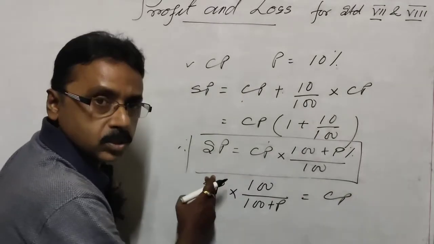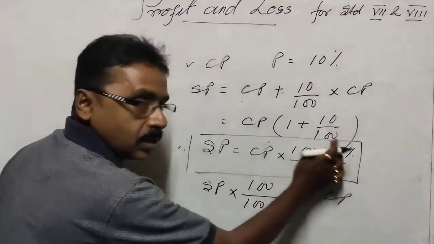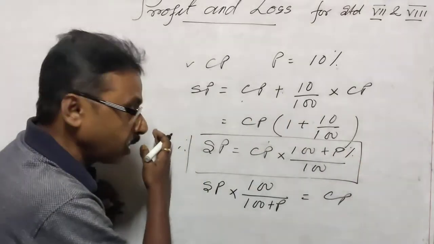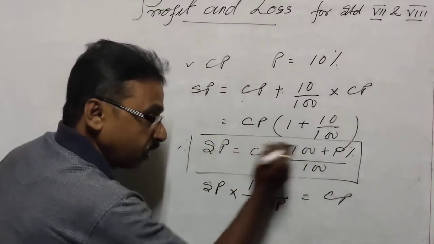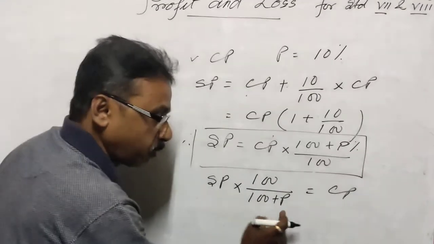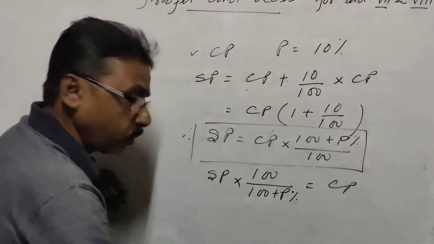Here this is an equation. So if I shift this fraction from the right hand side of the equation, then we will take the reciprocal. That's why I have written here SP into the reciprocal of this, that is 100 by (100 plus profit percent), that equals CP.